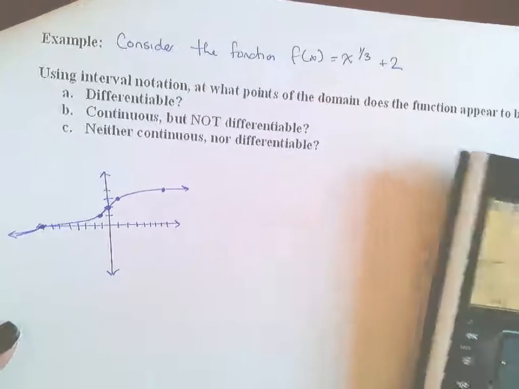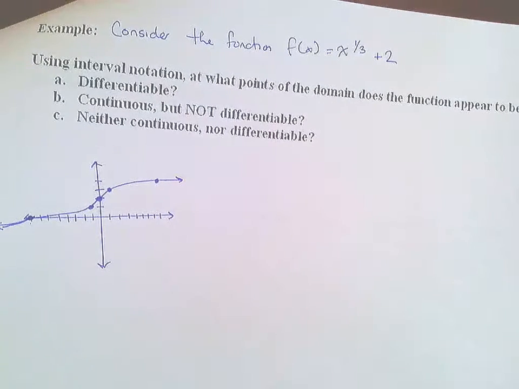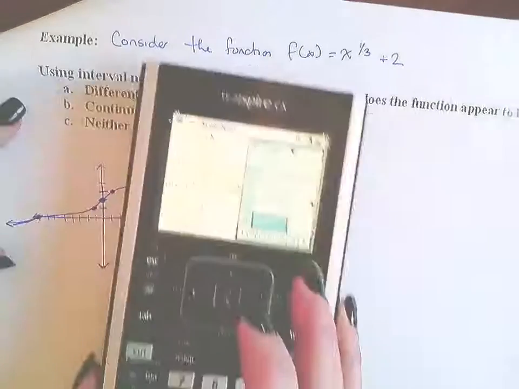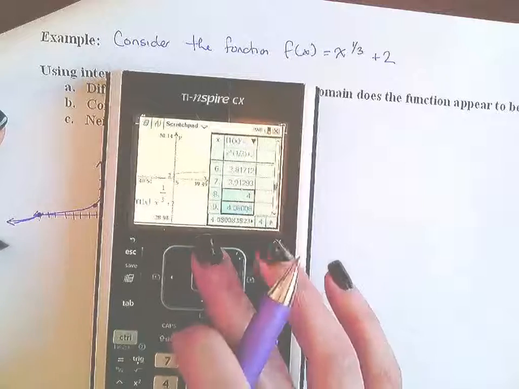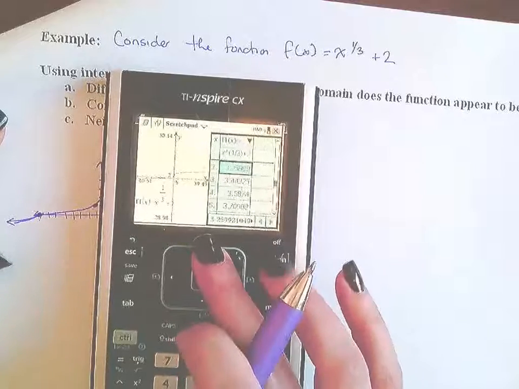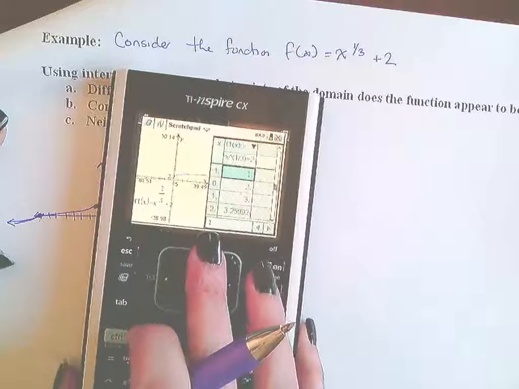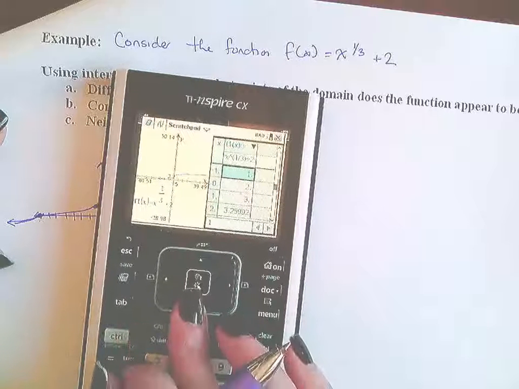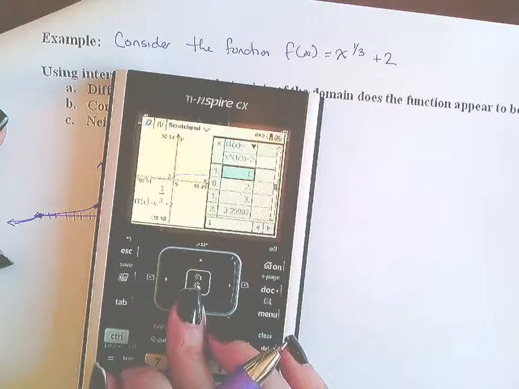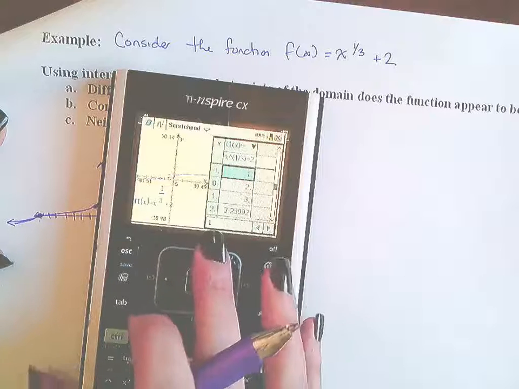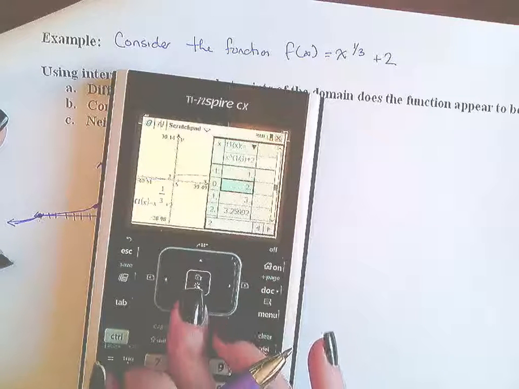So the question is where is the graph differentiable? It doesn't look it, but if you look at the table of values around 0, you can see how it jumps from 2 to 3.